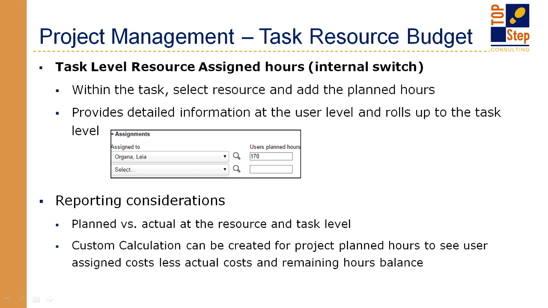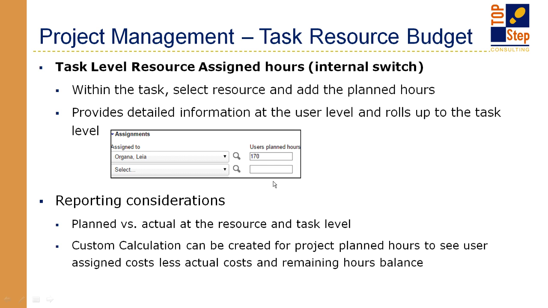So I add my assignment within my task. I add my resource. And then I put in the planned hours for each of the resources. That then rolls up to the total task planned hours. So the task plan hours in this situation isn't an input field. You input at the actual resource level.